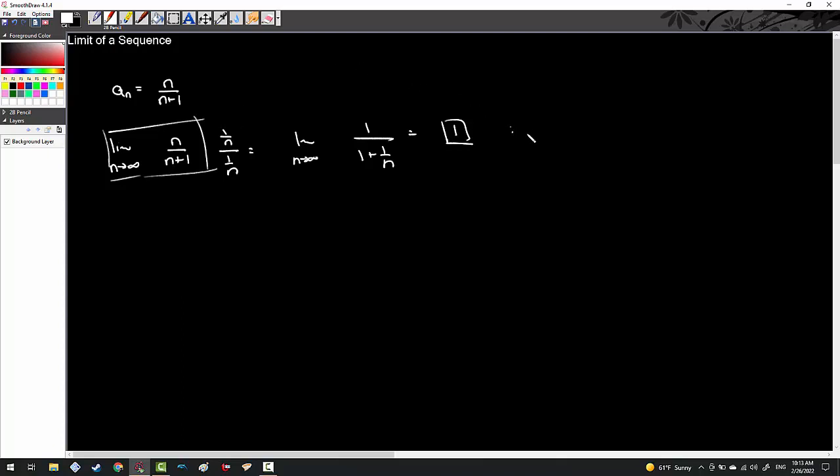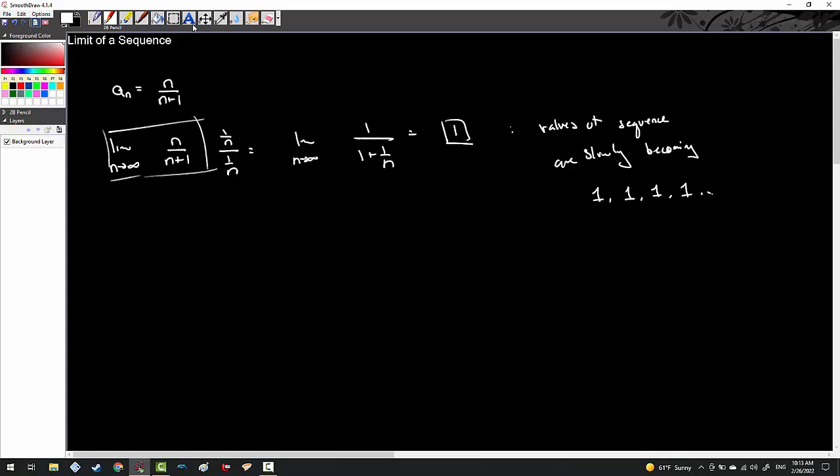What this means is that as my n value gets large, the values of the sequence are slowly becoming 1, 1, 1, and 1, dot, dot, dot, slowly but surely becoming closer and closer and closer to that value.